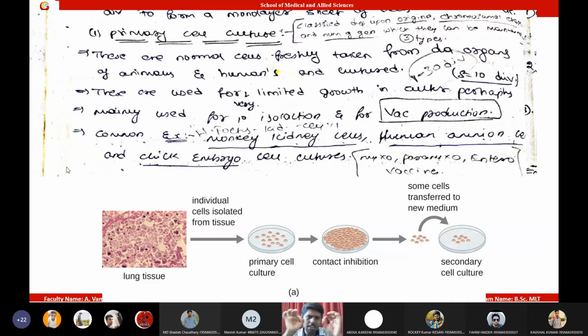We are not going to study cell line preparation in detail. You just have an idea. We will add the tissue into a solution where it will digest the collagen fiber, so we will get individual cells. Now individual cells will stick to each other. This sticking property will be removed by adding certain chemicals, called contact inhibition. By contact inhibition, we will get individual cells.